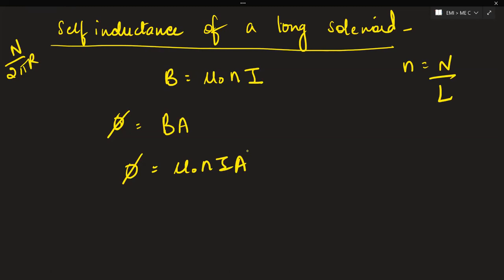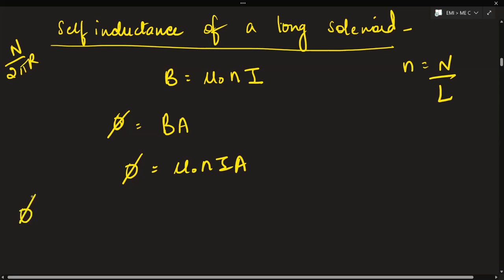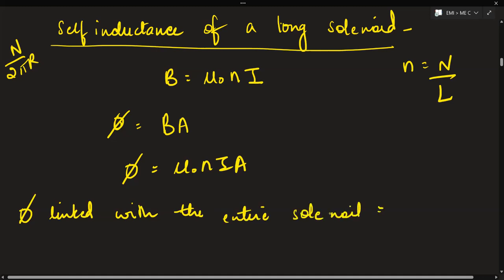Now we have to find out the magnetic flux that is linked with the entire solenoid. So this will be equal to the magnetic flux linked with each turn into the number of turns present.